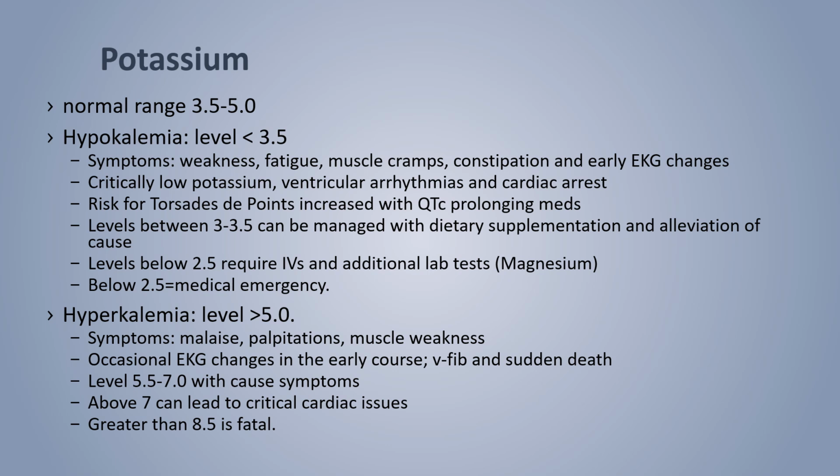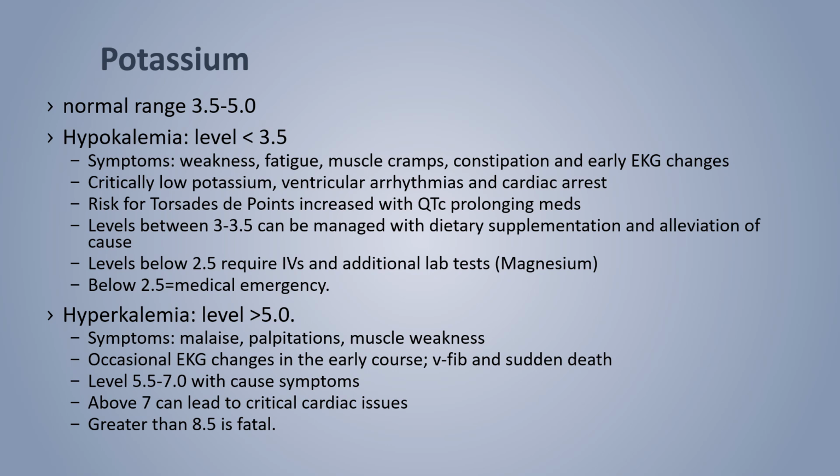Our normal range is going to be 3.5 to 5. Hypokalemia is going to be below 3.5. There are all your symptoms there. Of course, if we have a critically low potassium level, then that's when we're going to see ventricular arrhythmias and cardiac arrest.